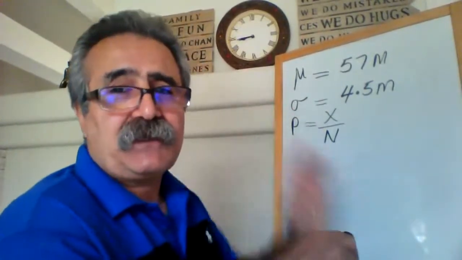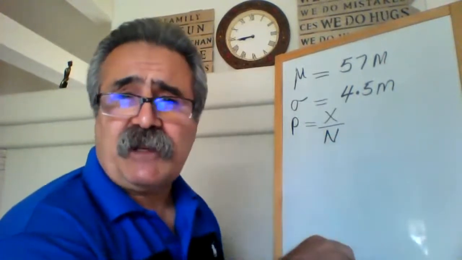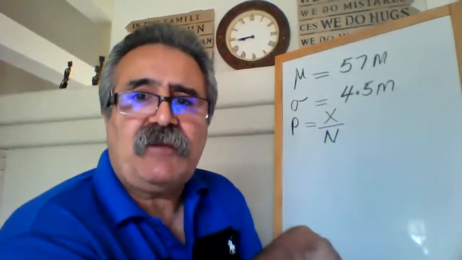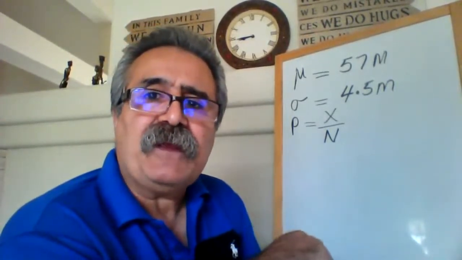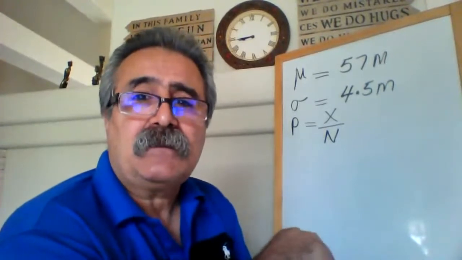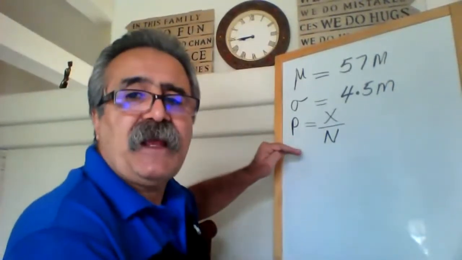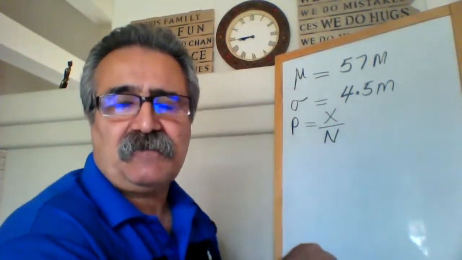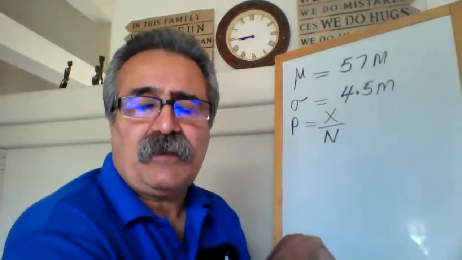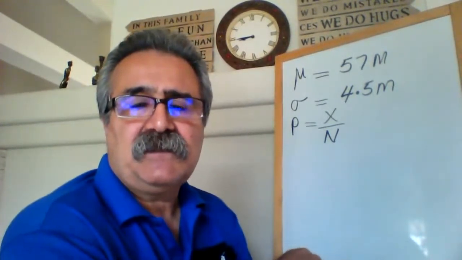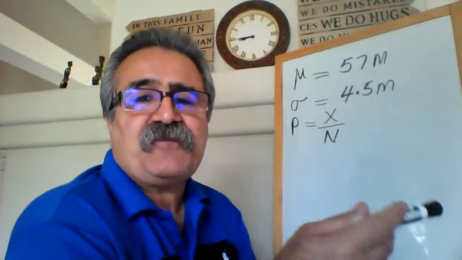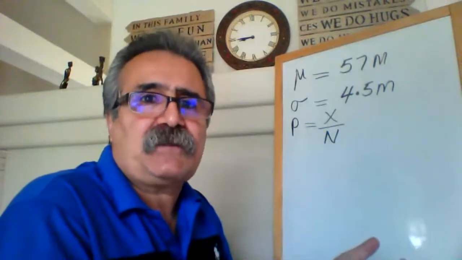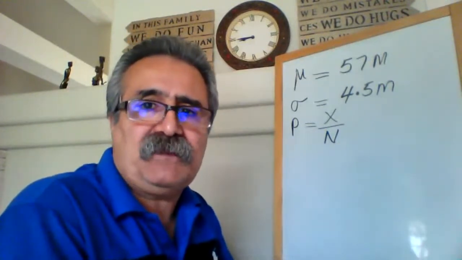Okay? Now, whatever criteria you use for the population, you have to use the same criteria for the sample as well. Okay? So let's say in this case, we're going to use the proportion of those companies whose revenue is less than 15 million, for example, or whose name starts with A, with B, whatever.